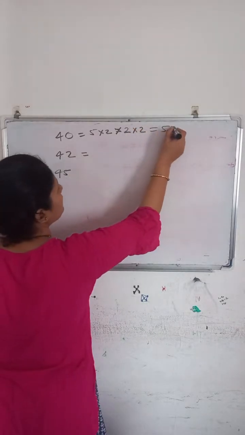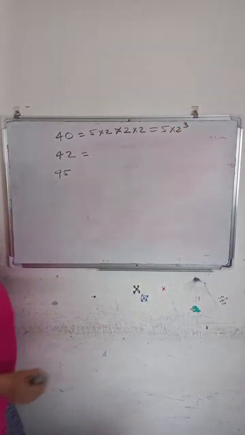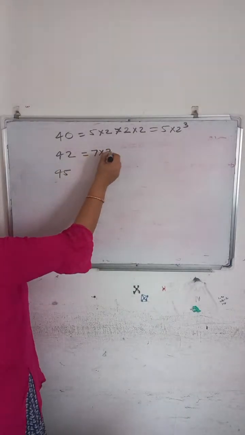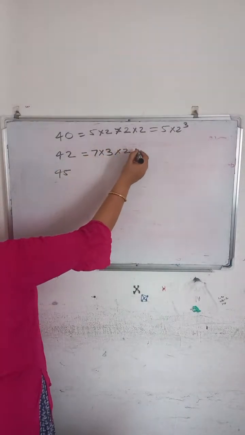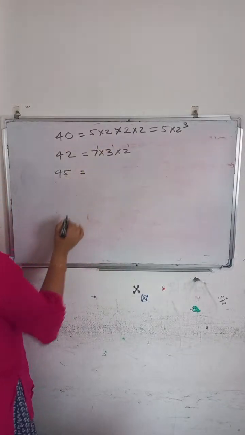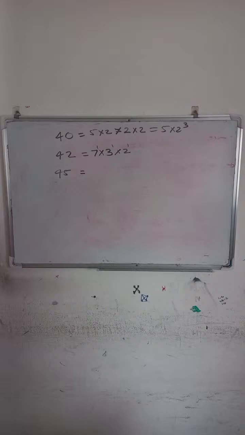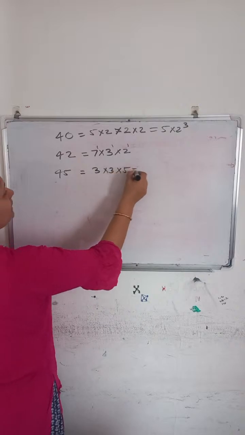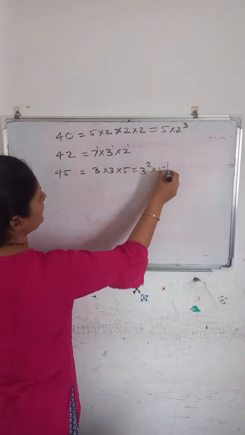That means 5 into 2 raised to 3. And 42 is 2 into 3 into 7, so everything has power 1 here. 45 is 3 into 3 into 5, that is 3 raised to 2 into 5 raised to 1.